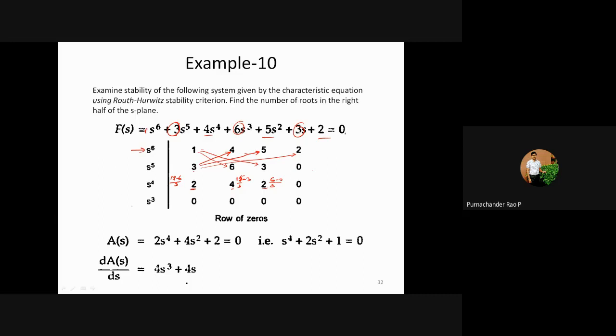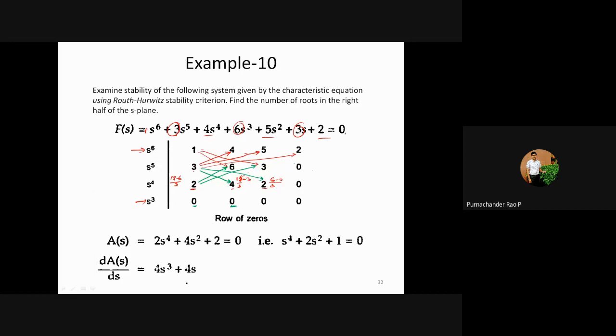Then we write the next s power 3 row. This value is 2 into 6, 12 minus 12, so this is going to be 0. The next one, 2 into 3, 6 minus 3 into 2, 6, so this value is also 0.